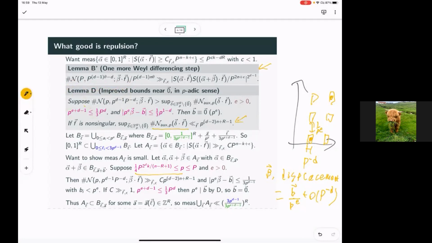We want to put them together to show that the one set is larger than the other. And we'll be able to do that, because we know that the exponential sum is large at both of these two points, if the prime is sufficiently large.